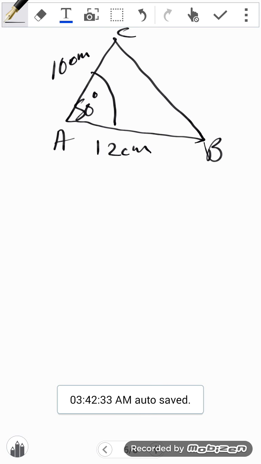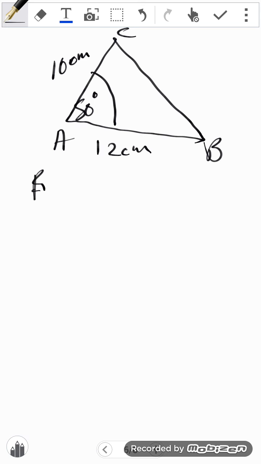So given two sides and an angle at the middle, you'll be asked to find what? Yes, BC. You can't say you'll be told to find CB when B comes first in the alphabet. So to find BC, you first write the small letters of the opposite vertices. Capital letter A, you'll have small letter a here. Capital letter B, small letter b here. Capital letter C, small letter c there.